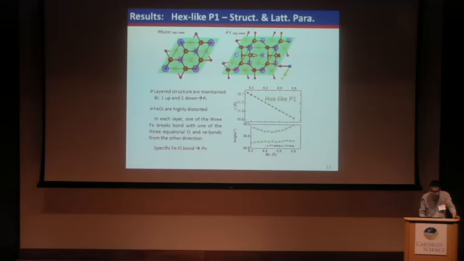Then we compare the structure between the P63cm and the P1 phase. We already noticed that the layered structure has been maintained. That means for the bismuth layer, the one up, two down, or one down, two up arrangement is maintained, and it contributes to the out-of-plane polarization. The major differences come from the in-plane displacement.